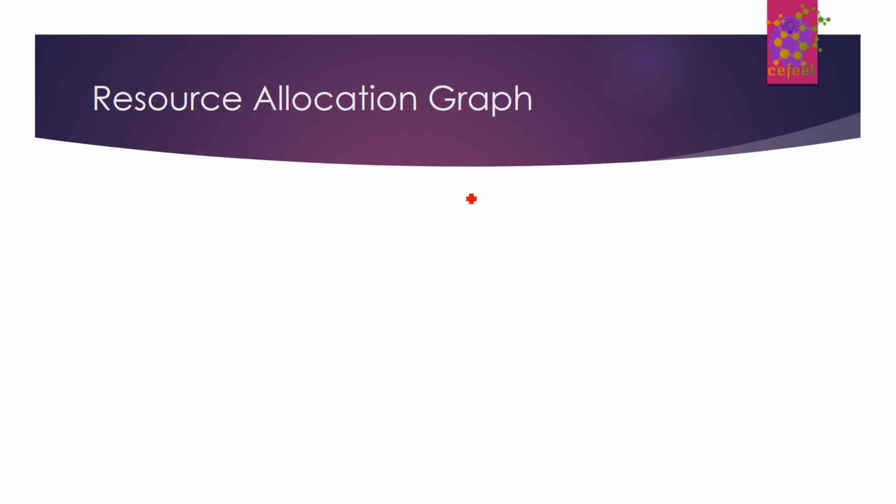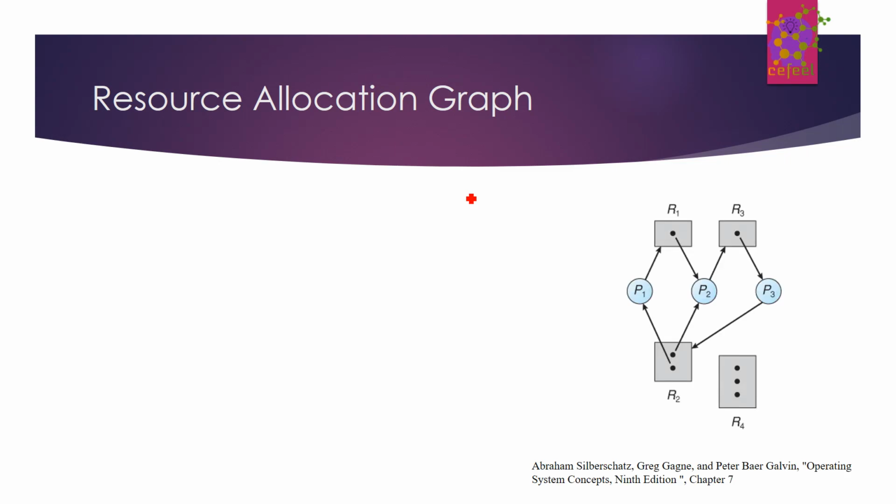Cool. Let's see what a resource allocation graph is, because this is a very important concept when we come to deadlock and process and resource allocation. As the name suggests, it's a graph. We saw this on the first slide when we were discussing deadlock. In this graph we represent processes by circles.